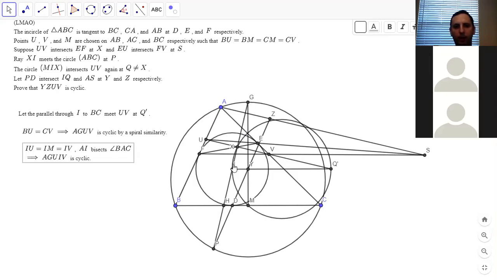Like, how do you know X lies on IG? What is the definition of X? Midpoint of UV? X is where UV intersects EF. Did we prove that X is the midpoint of UV?